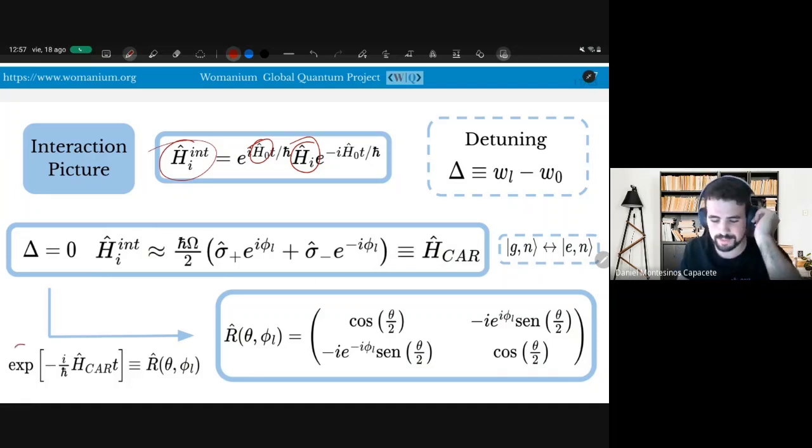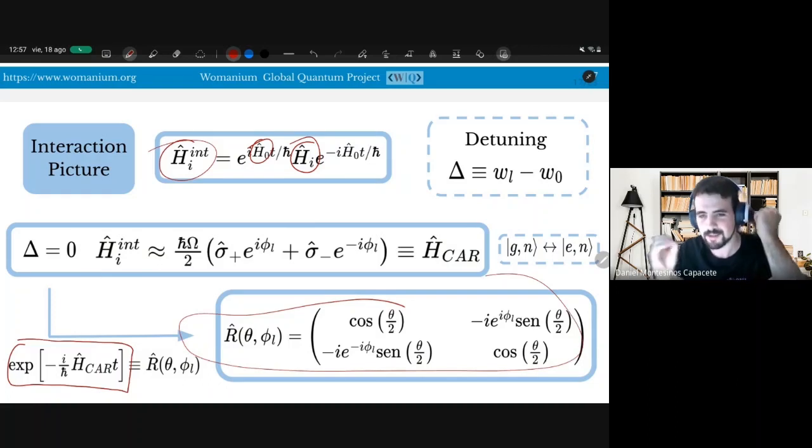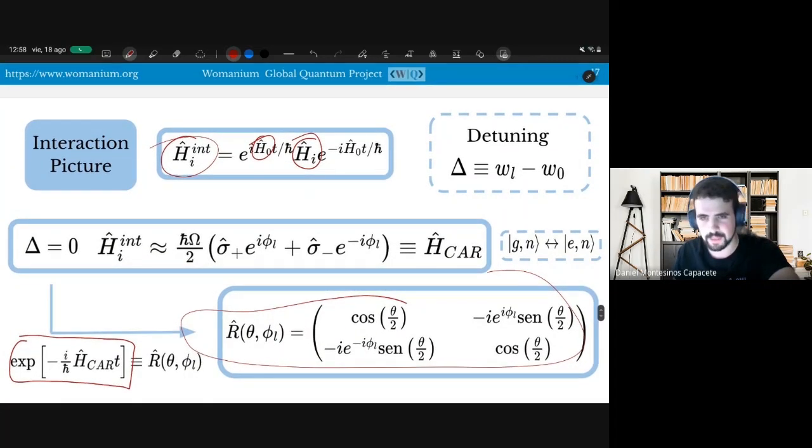If you do the time evolution using this Hamiltonian, at the end you get this rotation matrix, and this is the rotation that we apply in order to manipulate the states of the qubits. That's the rotation that I showed in the second or third slide, and this is the type of laser pulse that we need in order to move along the Bloch sphere.